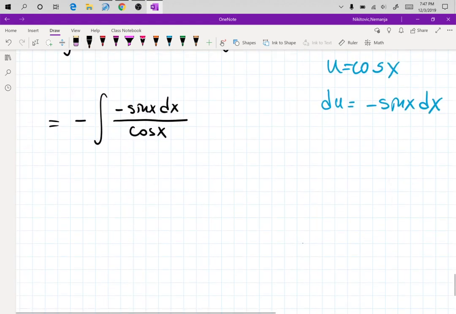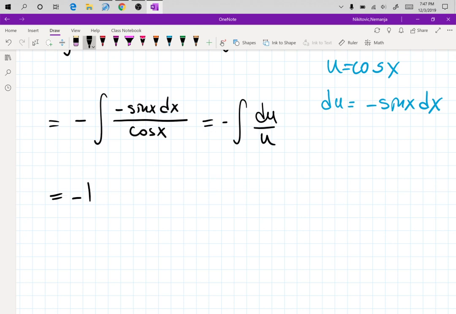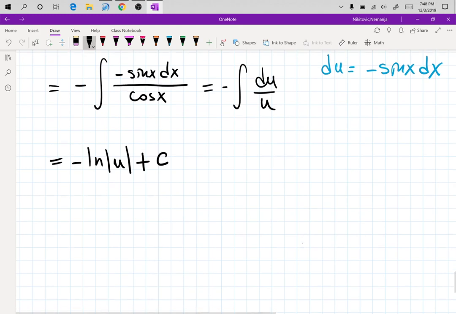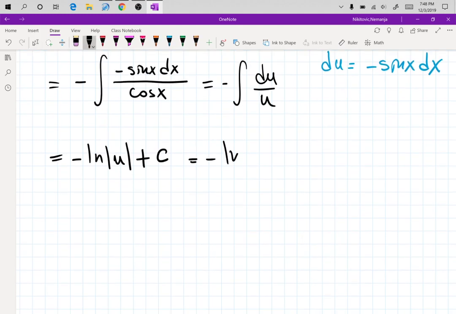So now we have negative integral du over u, and what is that? Very good. Plus c. That is negative ln, no coughing, absolute value of cosine x plus c.